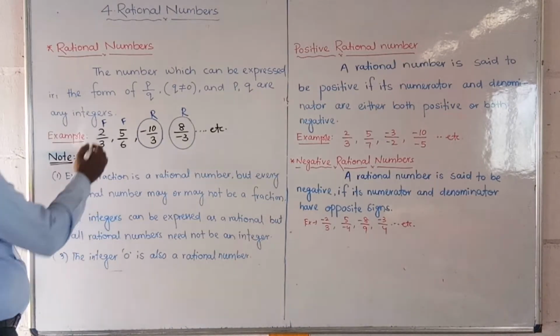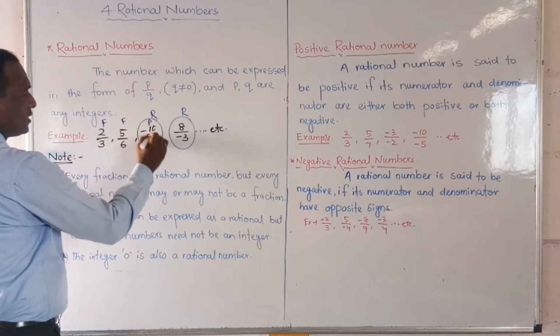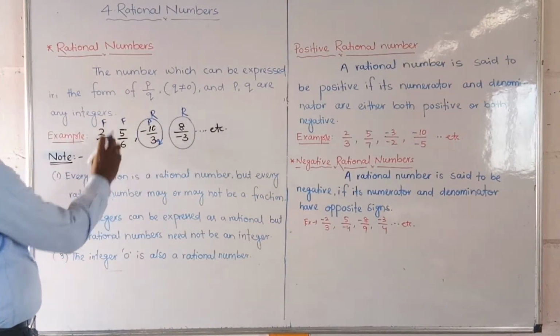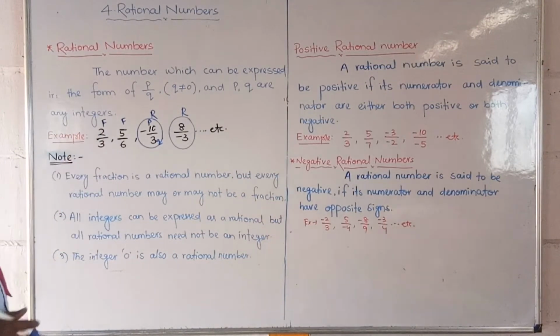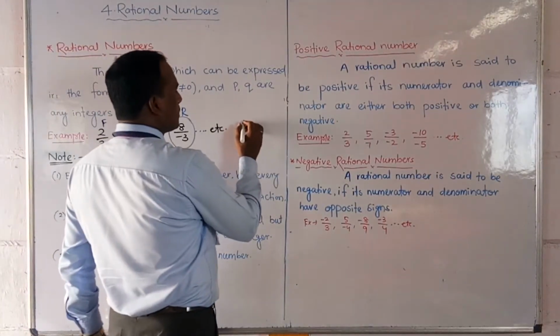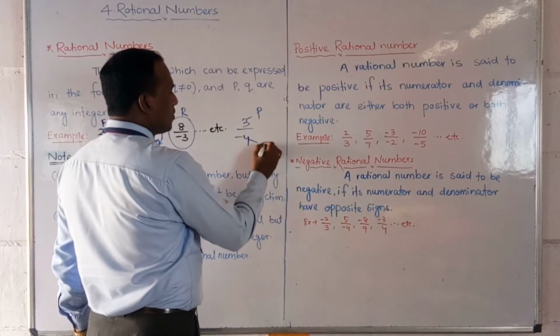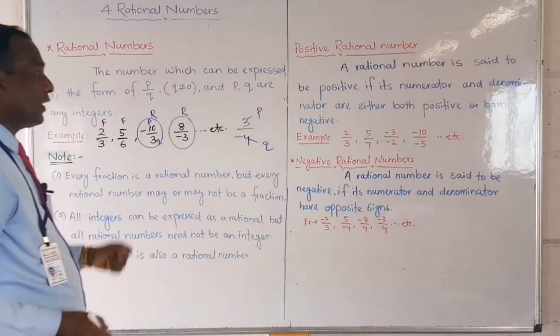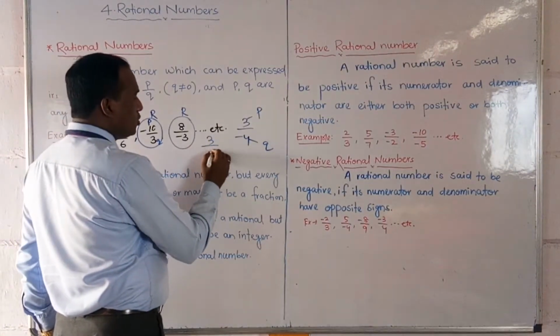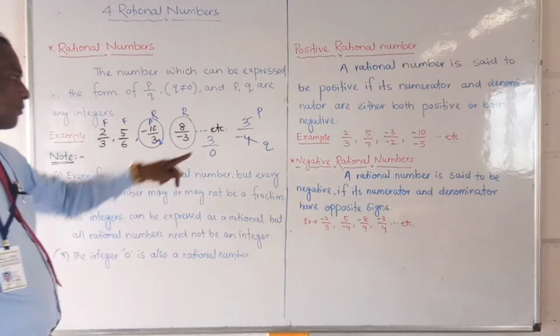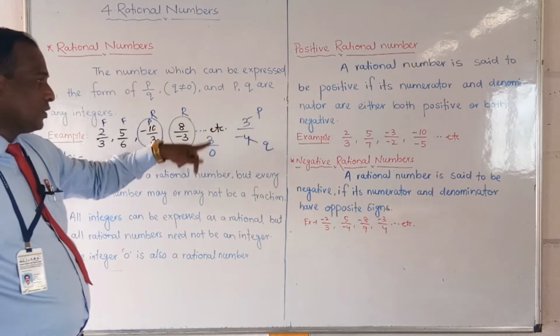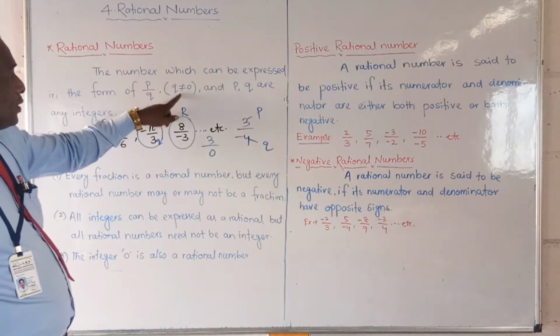So any number that we can write in the p by q form, where this is p and this is q, we call a rational number. Suppose 3/-4. Here p is equal to 3 and q is equal to -4. But we cannot write 3/0. 0 is also an integer, but we cannot write 3/0. Why? Our condition is that q should not be 0.